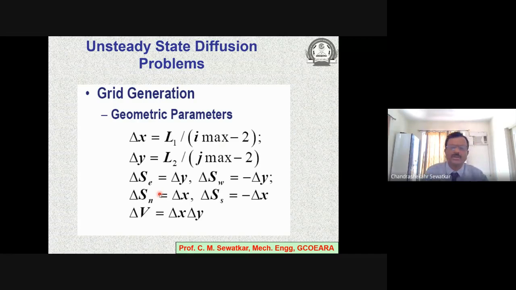Delta Ae is equal to delta y, delta Aw equal to minus delta y, delta An equal to delta x, and delta As equal to minus delta x, and delta Vij you can say is delta x into delta y. So these are some of the geometric parameters which you need to calculate as a part of grid generation.